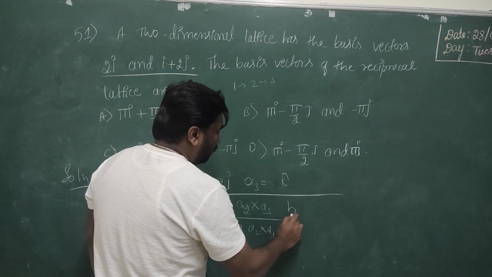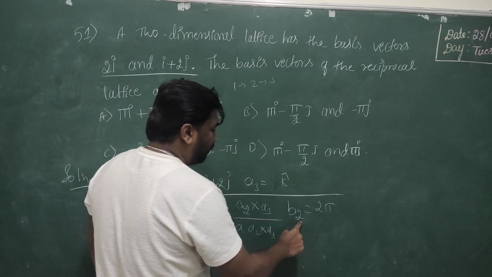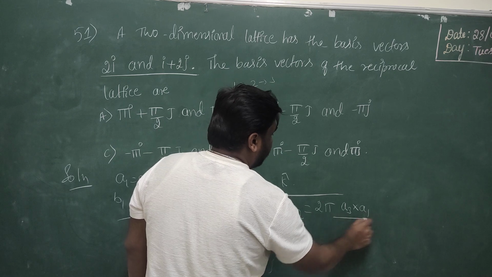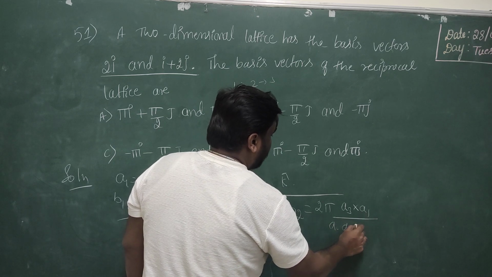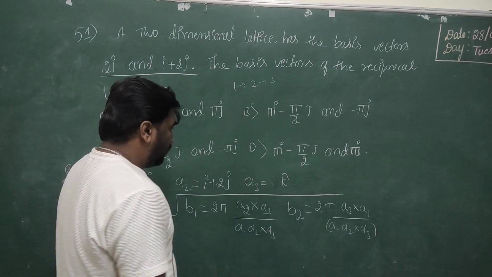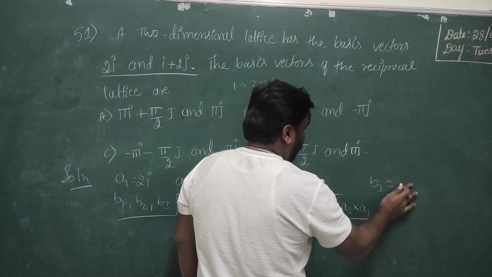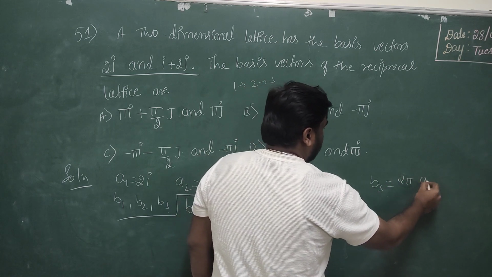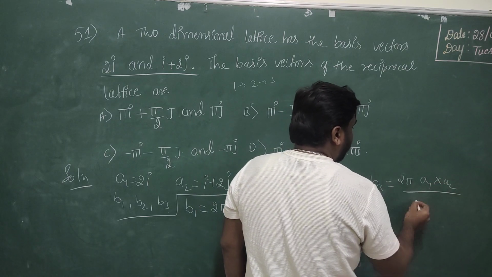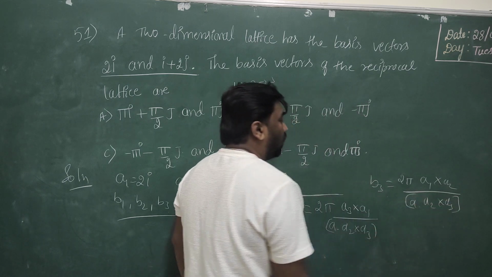Next, B2 is equal to 2 pi into A3 cross A1 divided by A1 dot A2 cross A3, and B3 is equal to 2 pi into A1 cross A2 divided by A1 dot A2 cross A3. So this is the reciprocal lattice expression.